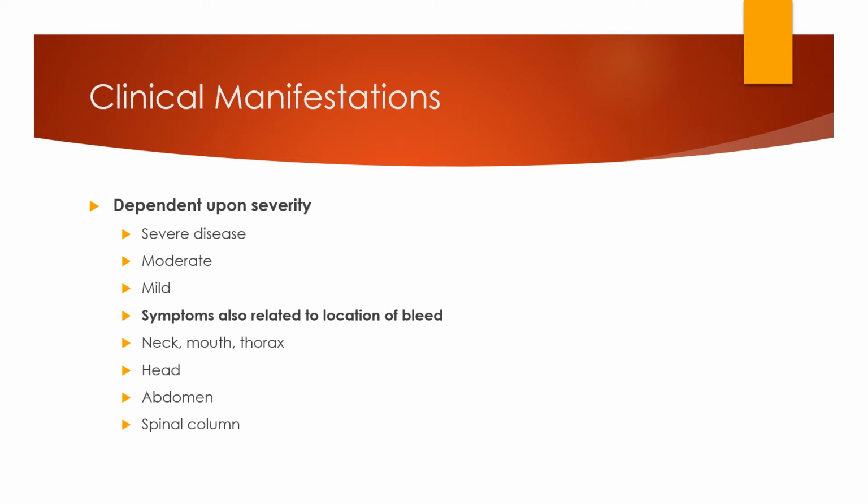This is where they're going to experience a bleed. So there has to be some kind of trauma. They fall, there has to be some kind of trauma, but they are at a higher incidence of bleeding with those smaller amounts of trauma.